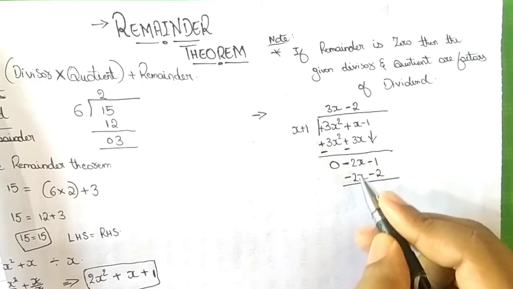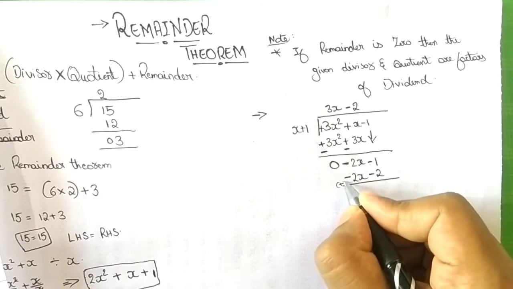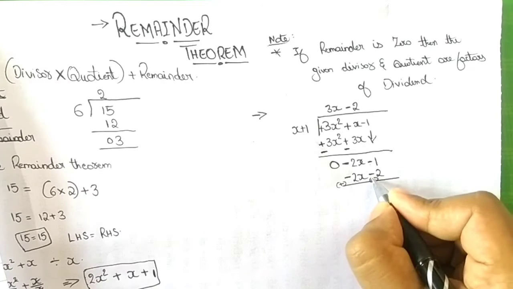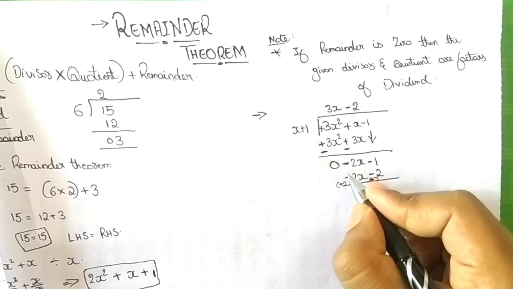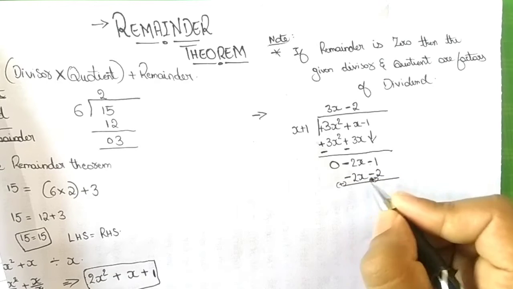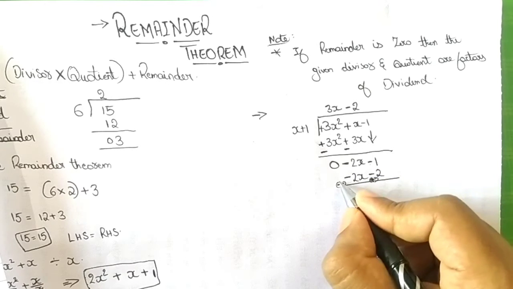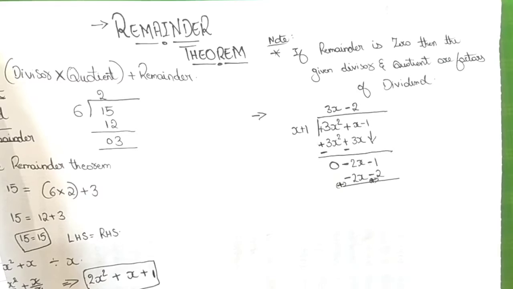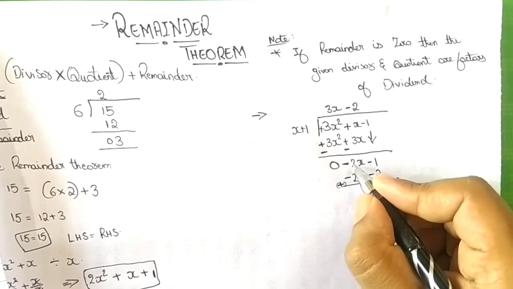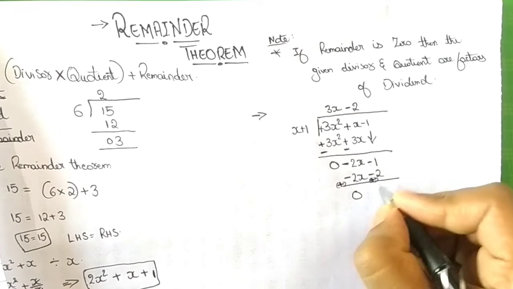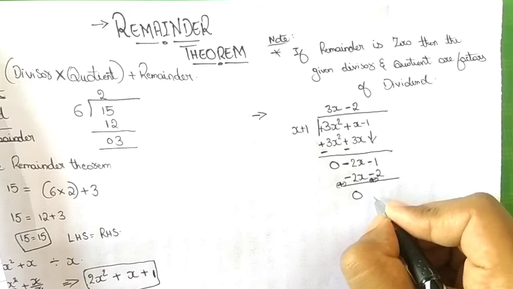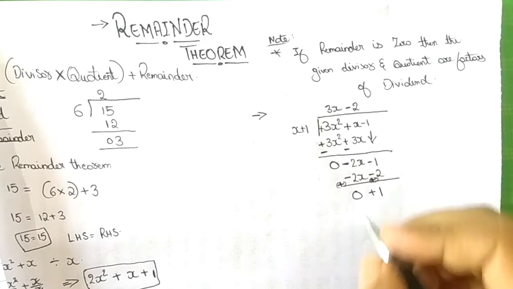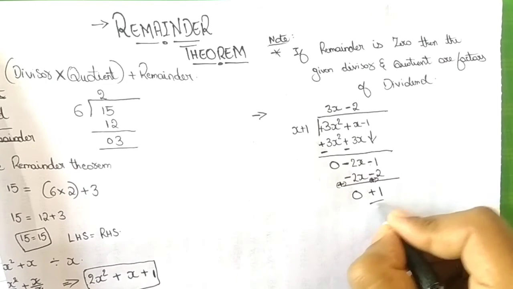Now the signs are the same, so you should assume the bottom one has the opposite sign. Why? Because the signs are the same, you should assume this as positive, so that you make a subtraction here. Minus 2x plus 2x is 0, minus 1 plus 2 is 1. 1 is the remainder you got here.